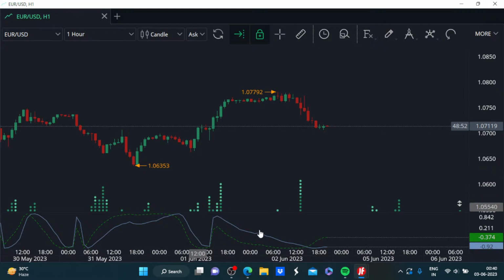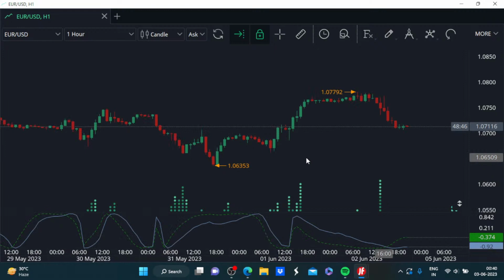Now let me show you some examples of the trades being generated by this indicator.